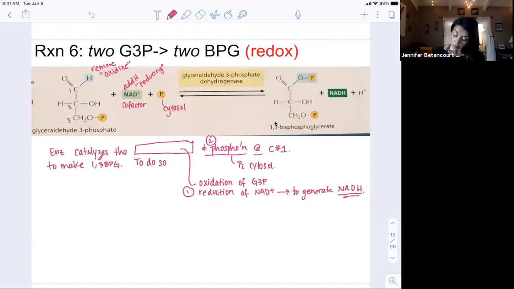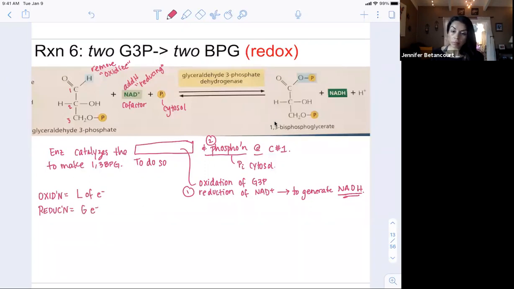Cool. And so this is our first reaction where we're talking about redox. I just want to remind everybody that oxidation is loss of an electron. And reduction, it's kind of weird, right? Because you think you're reducing the number. No, it's actually not. Reduction is gaining an electron.